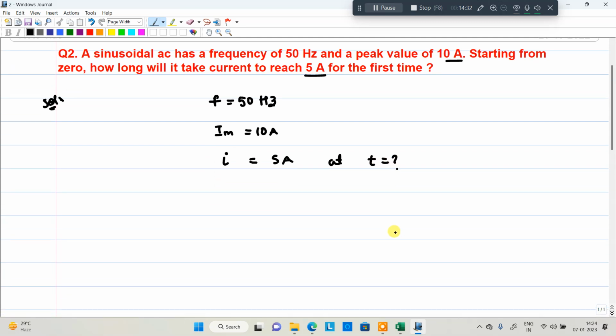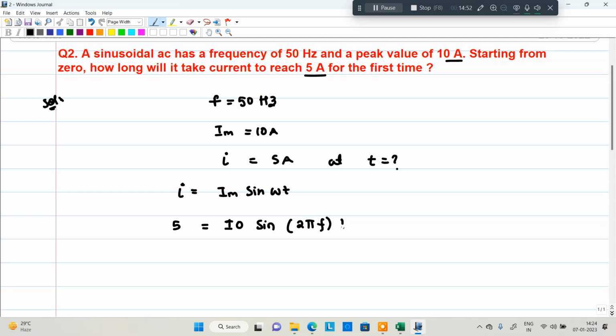From the basics, I is equal to Im sine omega t plus 0, since it is starting from 0, so Im sine omega t. Here I is equal to 5 amperes is given, Im is equal to 10 amperes, and omega is equal to 2 pi f t.